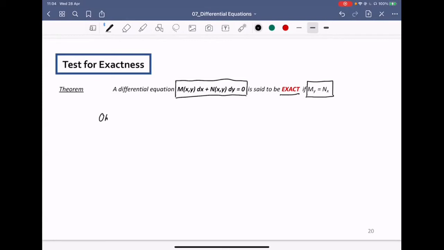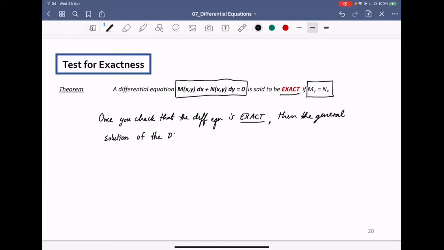Once you check that the differential equation is exact, then the general solution of the differential equation is f(x,y) equal to c.